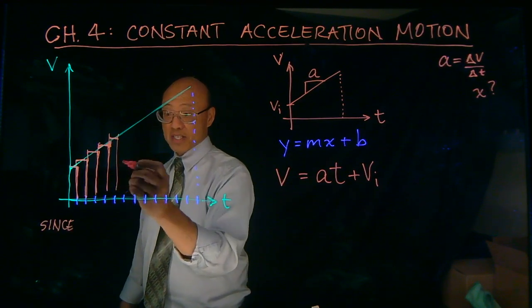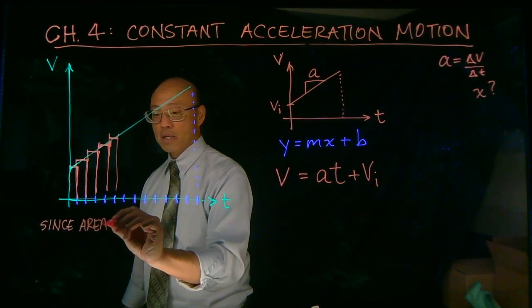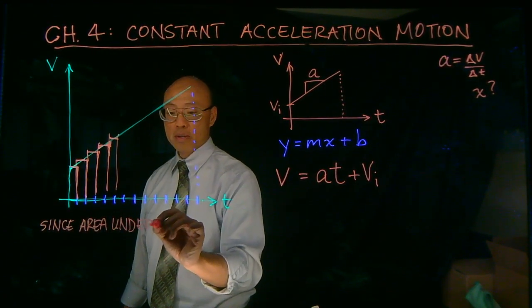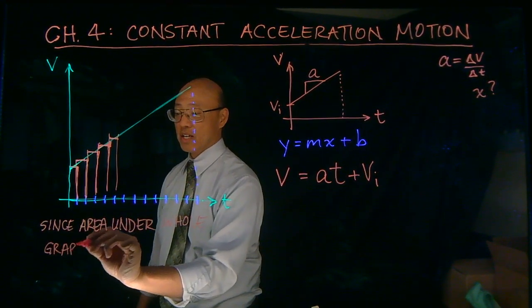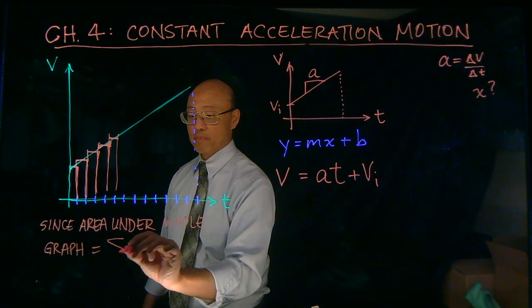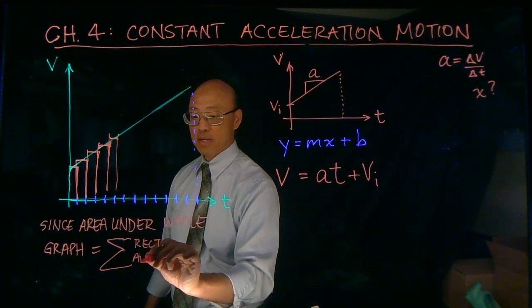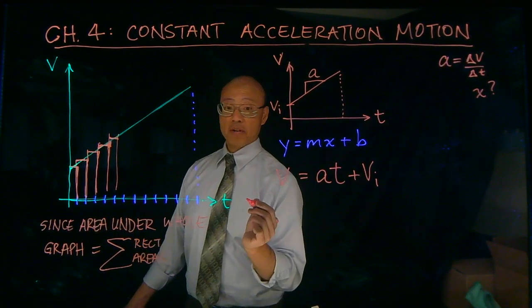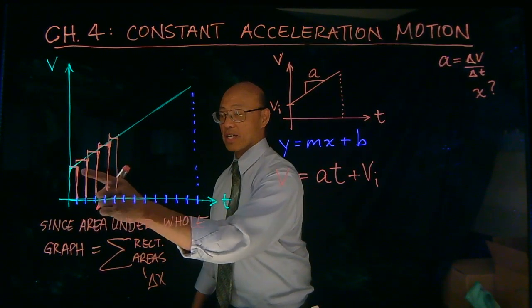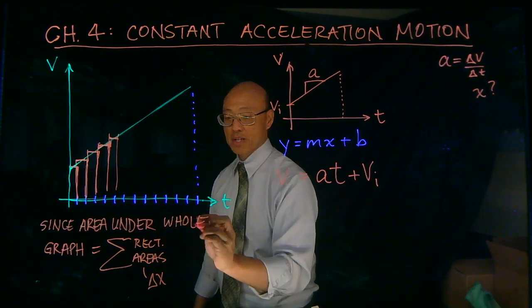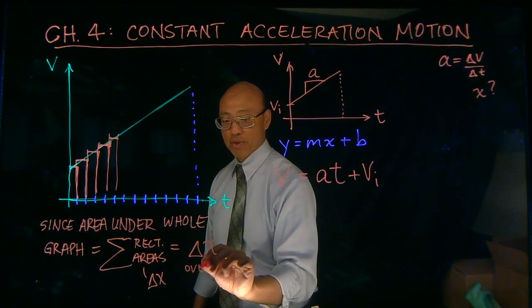I can basically say that the area under the whole graph is equal to the sum of a whole bunch of rectangular areas, right? And each of these were little delta x's, a little delta x there of that much, that area, another one, then that's just going to be my entire delta x throughout t.